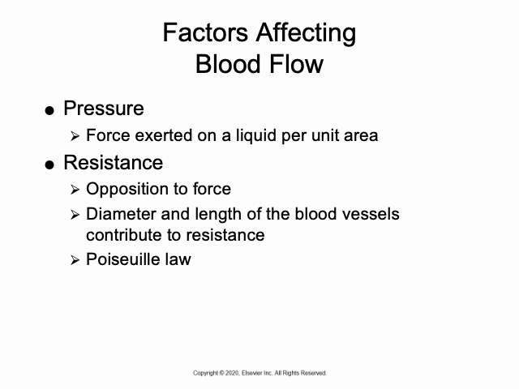This is indicated by Poiseuille's law, which shows that resistance is directly related to tube length and blood viscosity, and inversely related to the radius of the tube to the fourth power. Now, because blood flow is inversely related to resistance, the greater the resistance, the lower the blood flow can be.